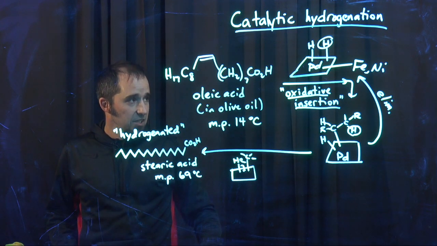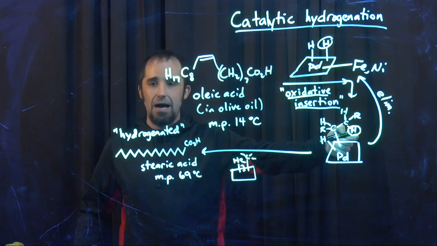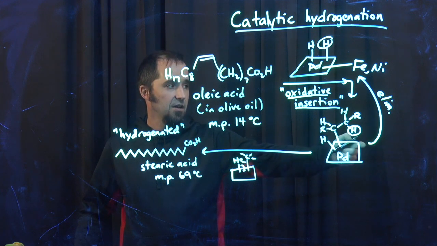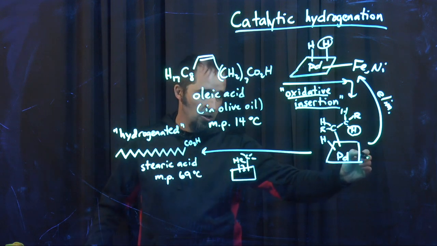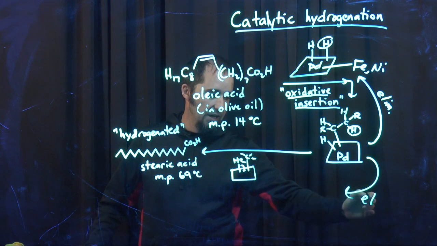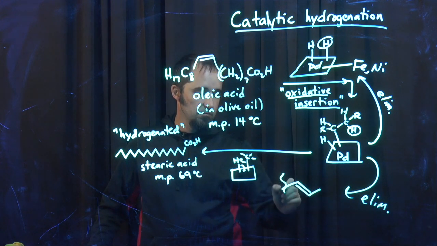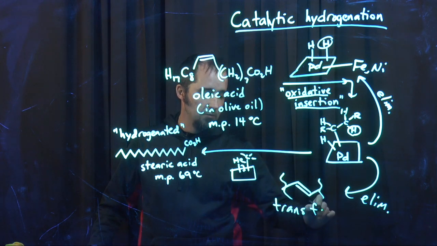But reductive elimination doesn't necessarily need to take the same hydrogen that it gave. Which is to say, reductive elimination doesn't need to give me the cis alkene. I could also eliminate to the trans alkene. And that's where trans fats comes from.